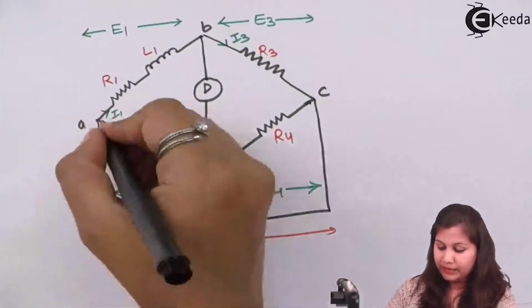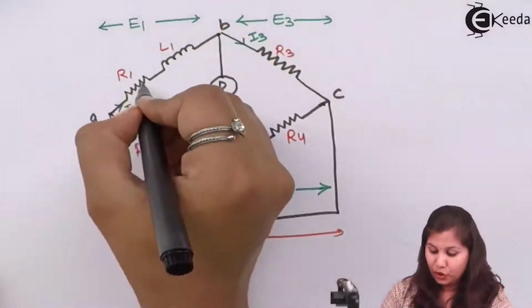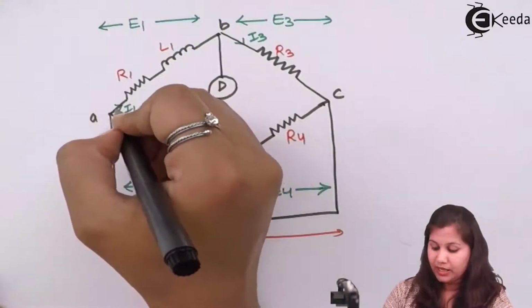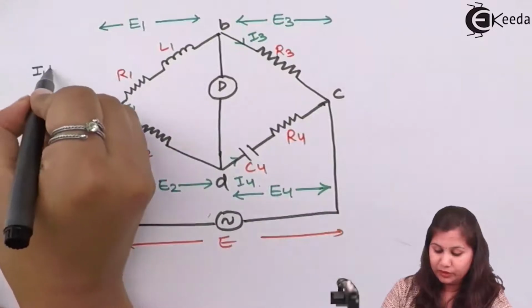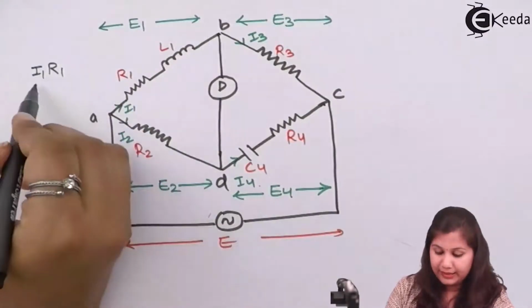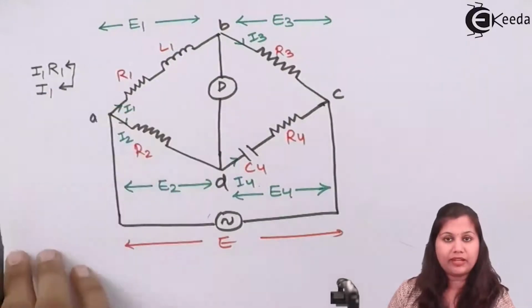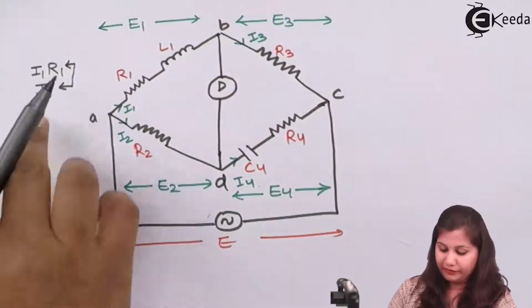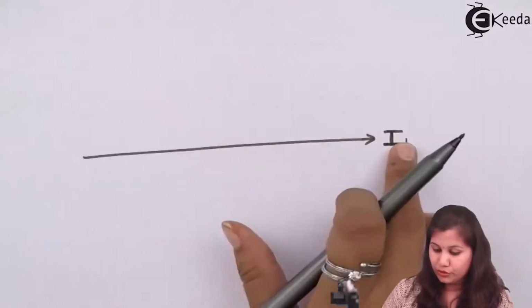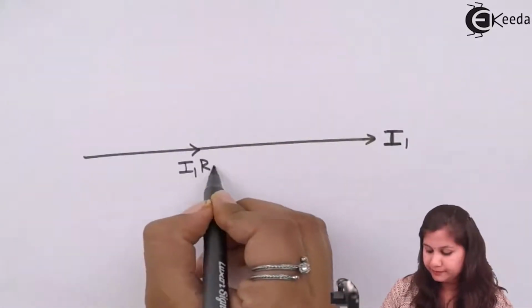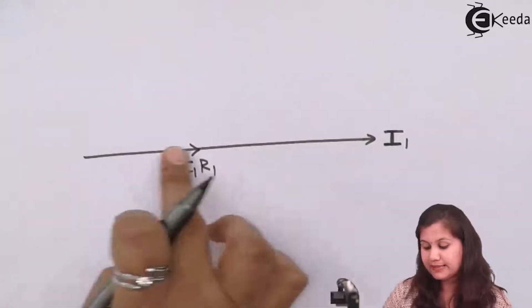I1 is the current flowing in this arm. The voltage drop across the resistance R1 will be I1 R1, and the current is I1, so this voltage and current will be in the same phase. So I1 R1 will be drawn on the same line.